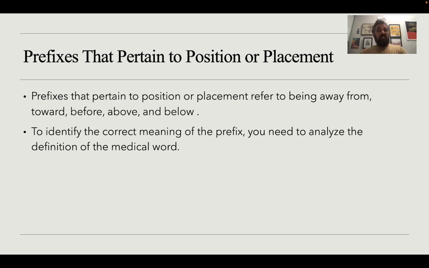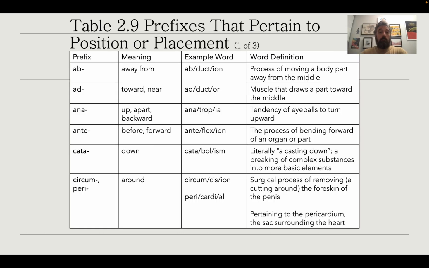So sometimes these different types of position or placement refer to being away from the midline, away from the center, away from the body, before, after, above, below. It all depends on the context of whatever medical terminology you're actually using.